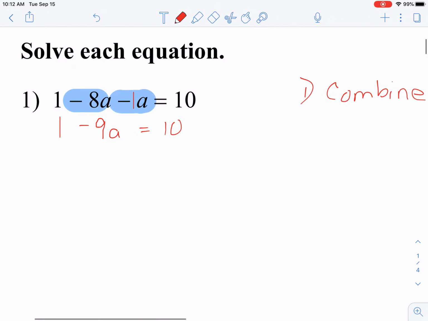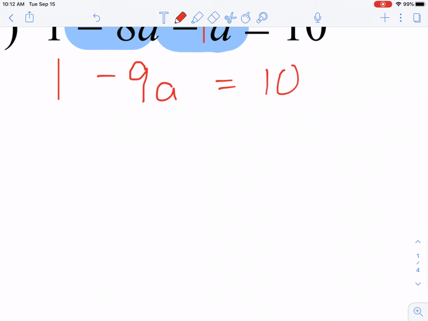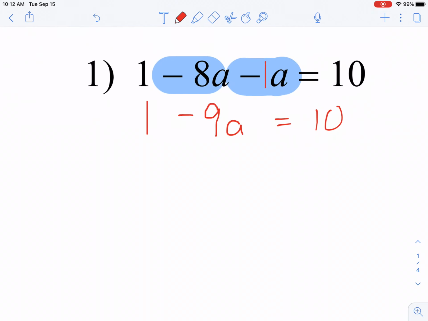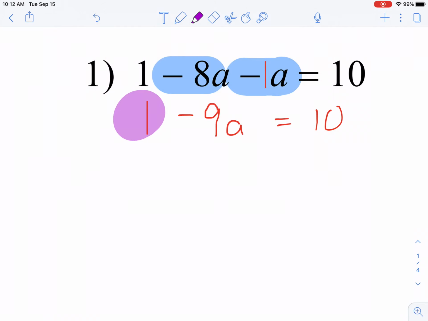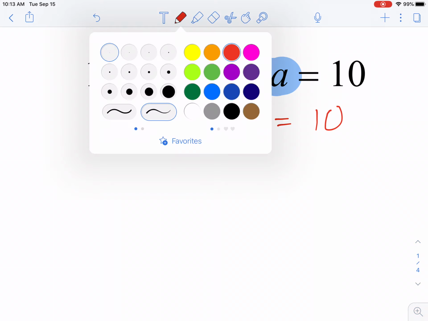My second step in this problem is, now I've got a two-step problem. I'm going to do the inverse of addition. So the reason I'm doing the inverse of addition is because I'm looking at this positive 1. And to get rid of a positive, you've got to subtract.